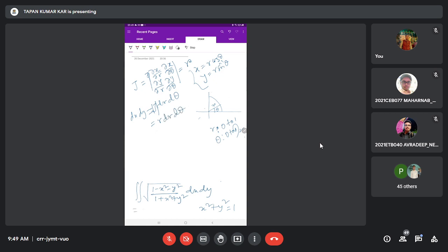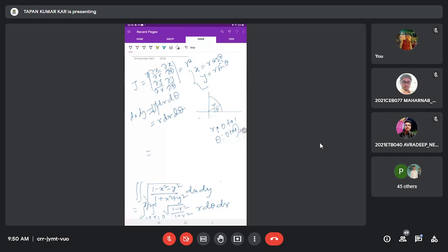So this integral becomes r equal to 0 to 1, theta equal to 0 to pi by 2, root over of 1 minus r square by 1 plus r square, r d theta dr. Now look at this. Here theta and r are independent.